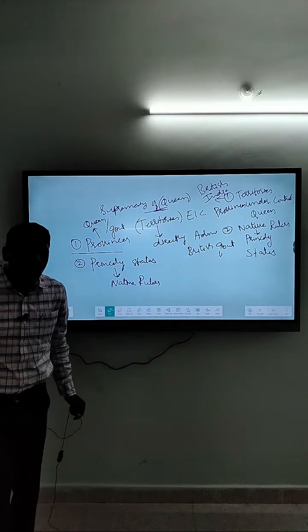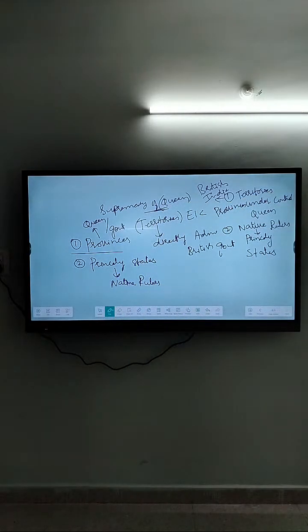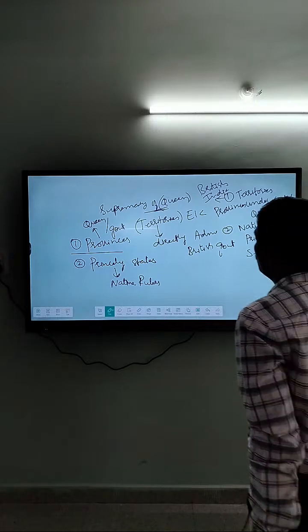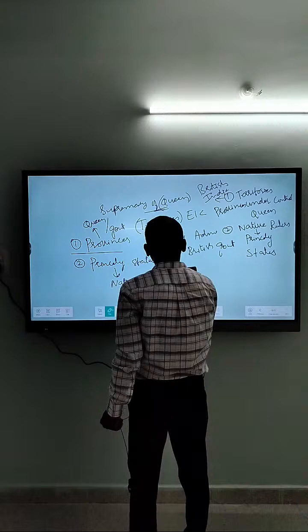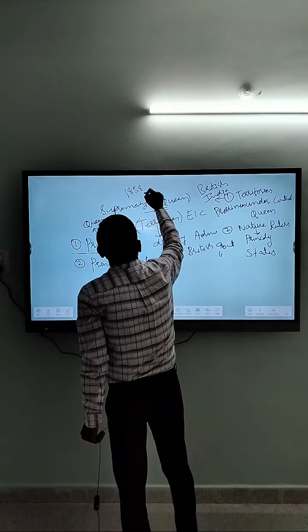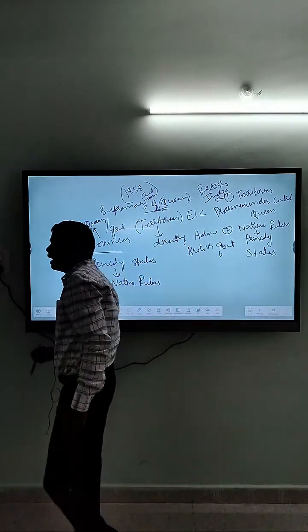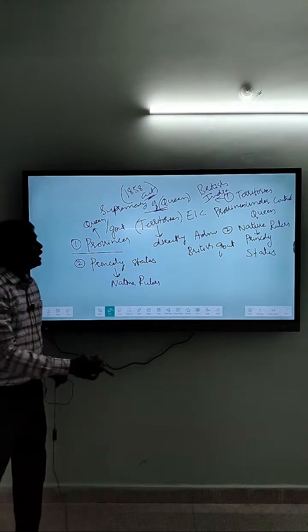Second one is all the existing institutions were abolished. According to the 1858 Act, all the existing institutions were abolished.